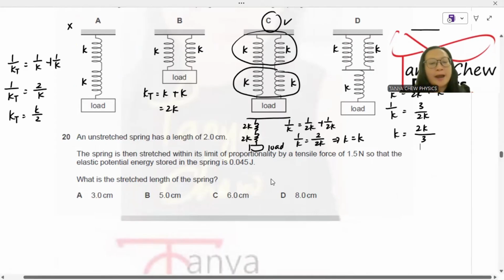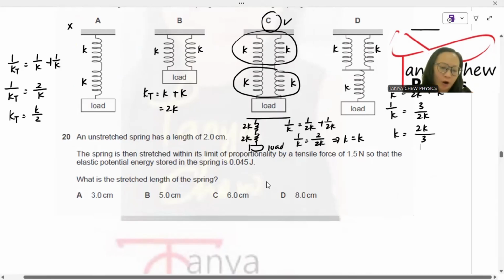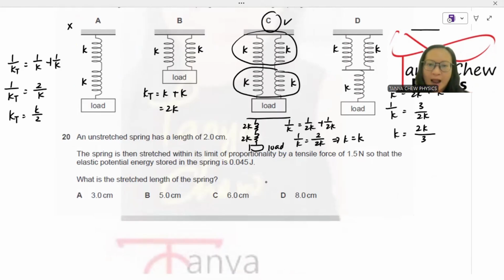Number 20, an unstretched spring has a length of 2 cm. That is the original length of the spring. The spring is then stretched within its limit of proportionality by a tensile force of 1.5 newton, so that the elastic potential energy stored in the spring is 0.045 joules. What is the stretch length of the spring? I need to find the extension of the spring first.